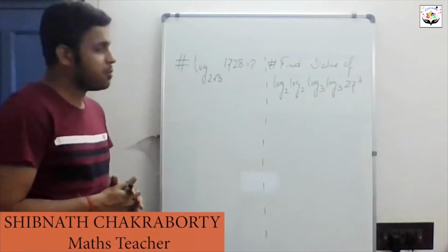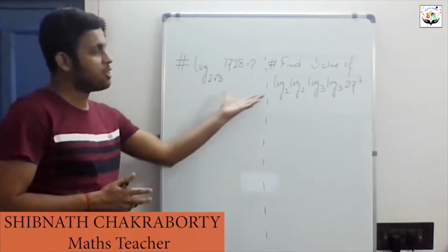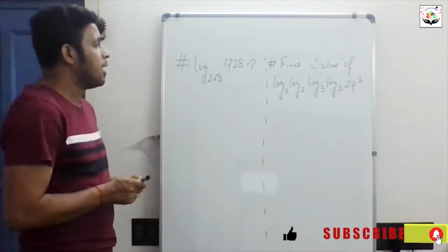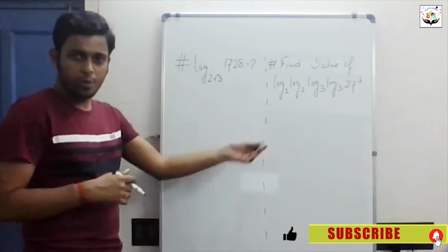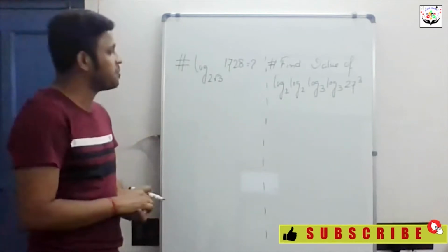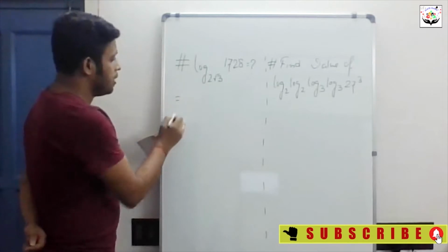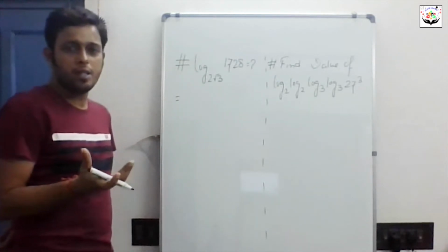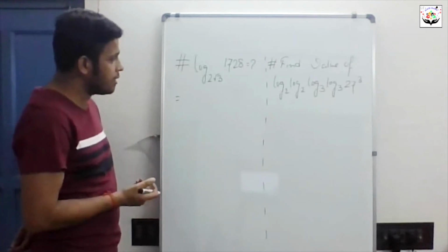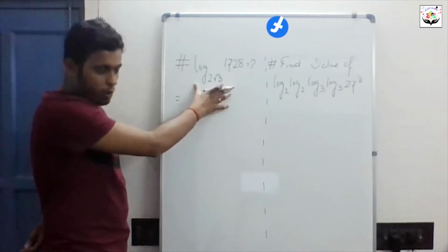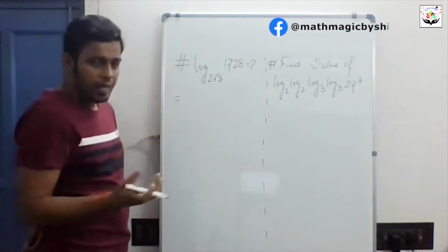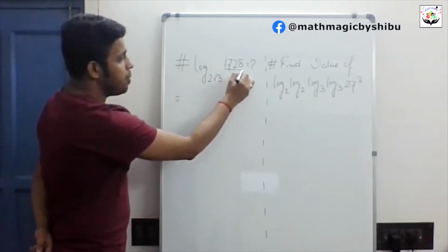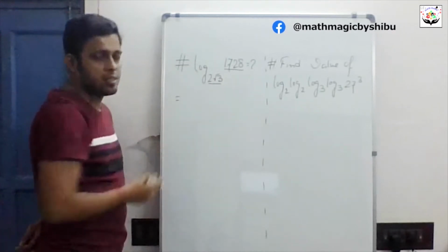So our next problems on logarithms are these two. Let's solve one by one as we always do. As you can understand, after doing a few problems in logarithm, if we face this kind of problem, we will try to make this part the base.